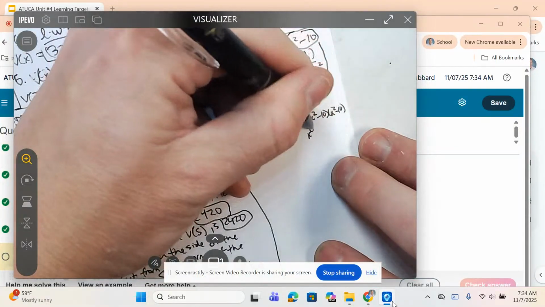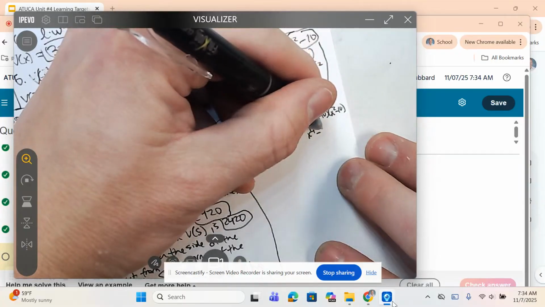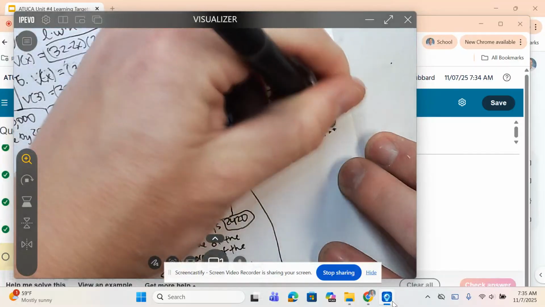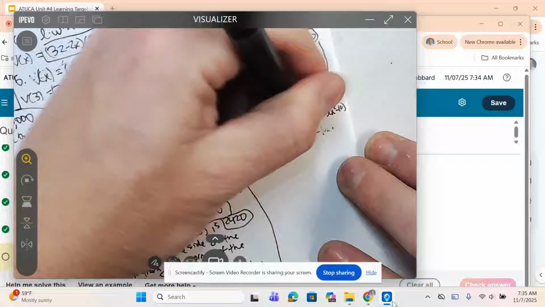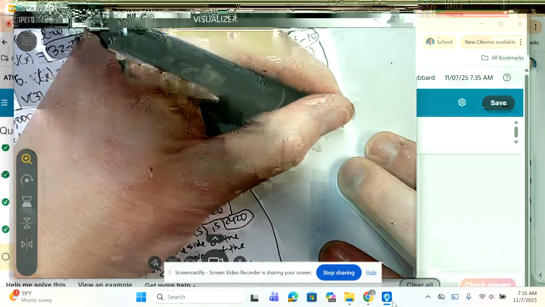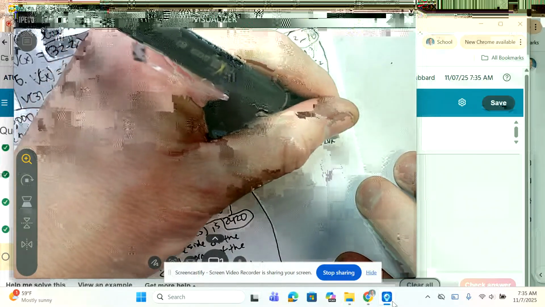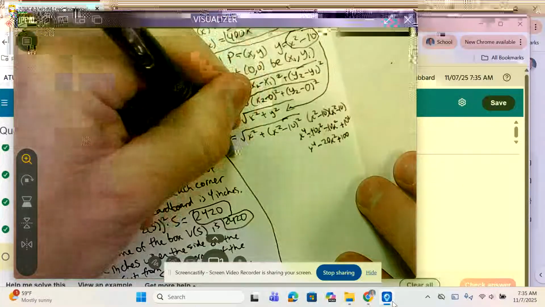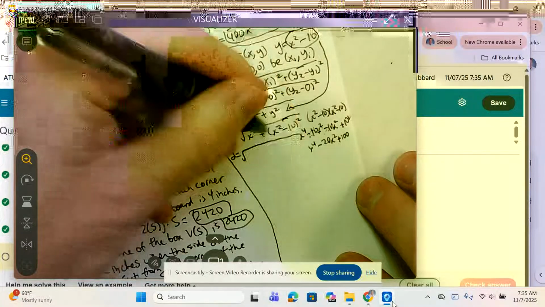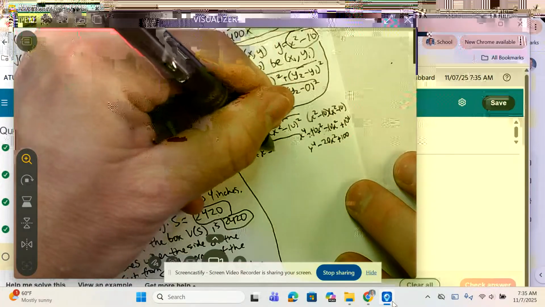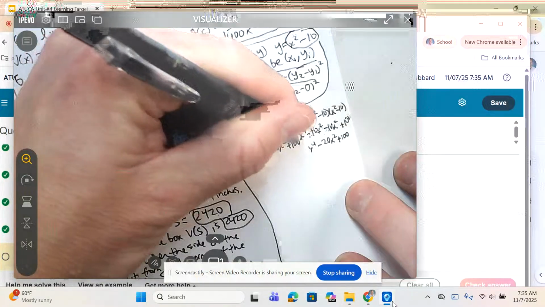So that'd be x to the fourth minus 10x squared minus 10x squared plus 100. So it'd be x to the fourth minus 20x squared plus 100. So the distance is going to equal the square root of x squared plus x to the fourth minus 20x squared plus 100.